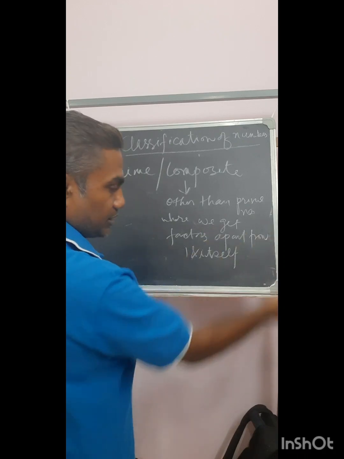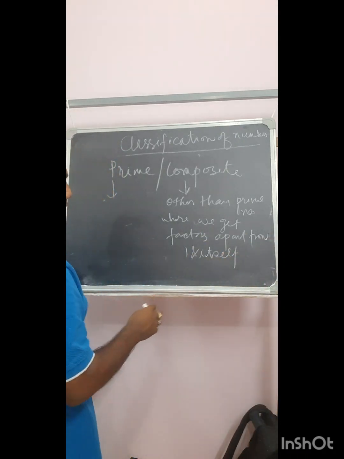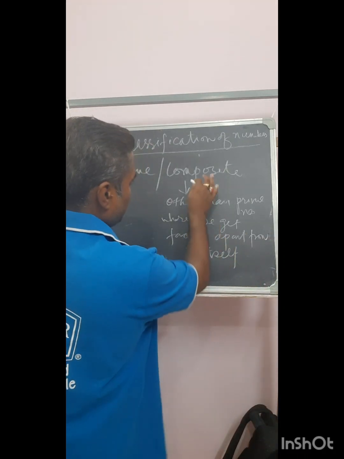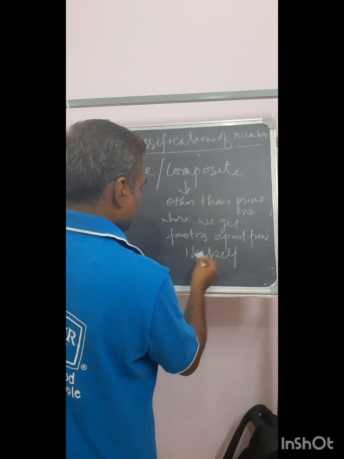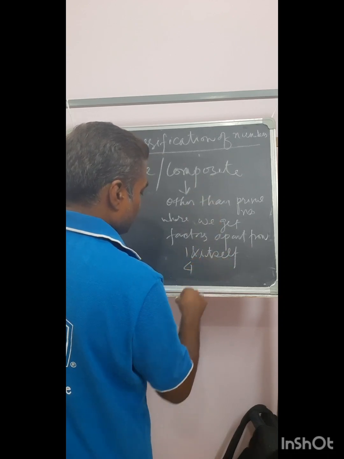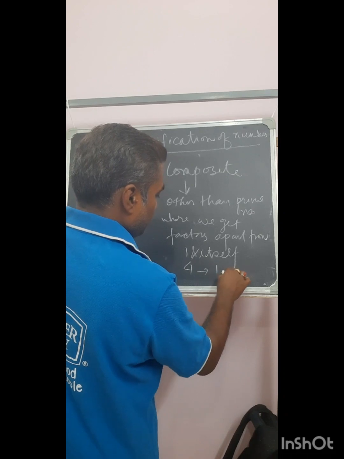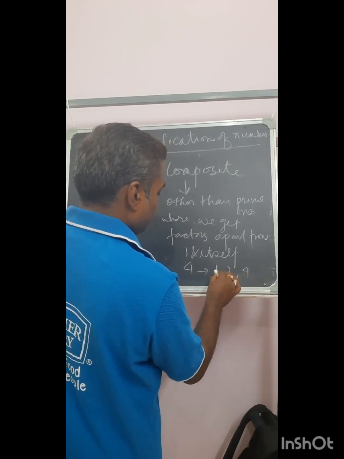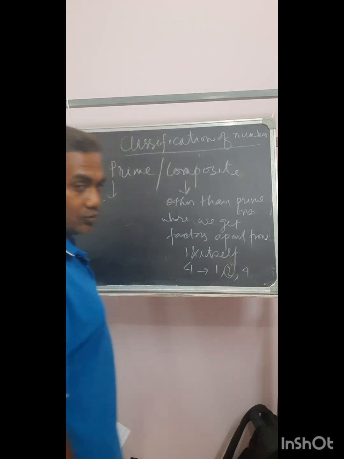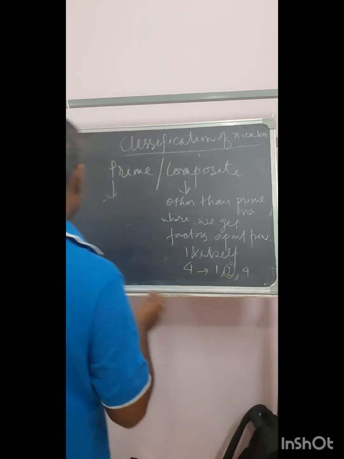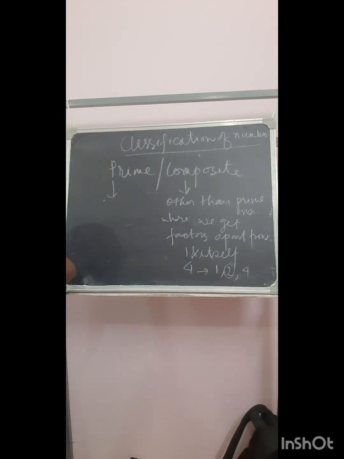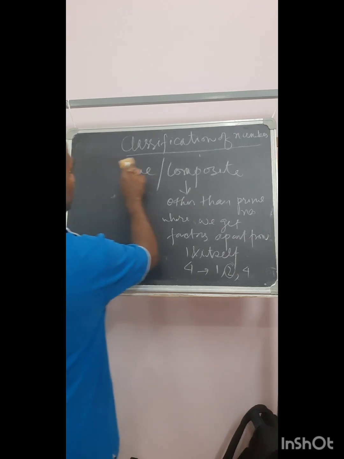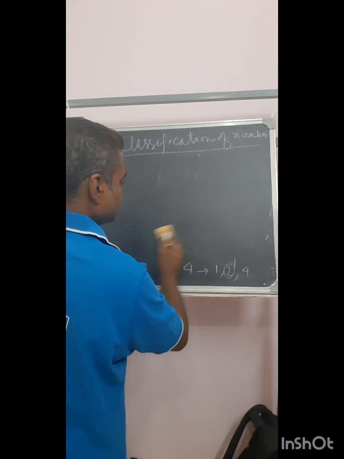If I get any other factors apart from this, then it's not a prime. Let's say for example 4. It has factors of 1, 2 and 4 itself. So apart from 1 and 4, I am getting another factor, 2. So it is a composite number. So this is the difference between the prime number and composite number.